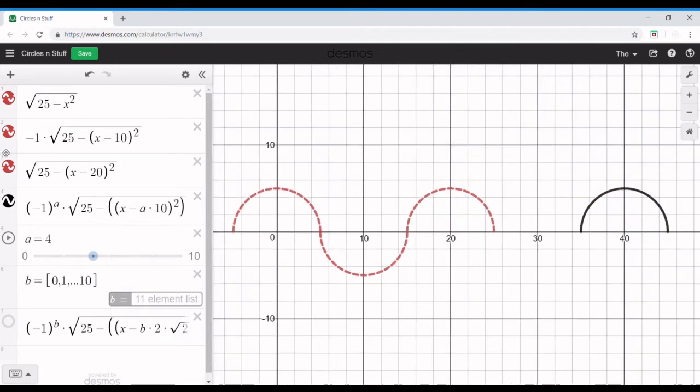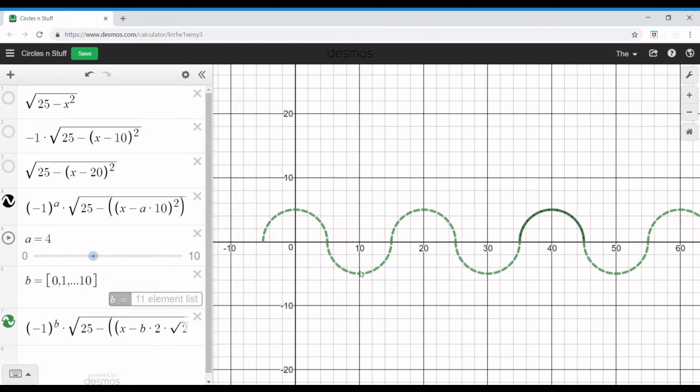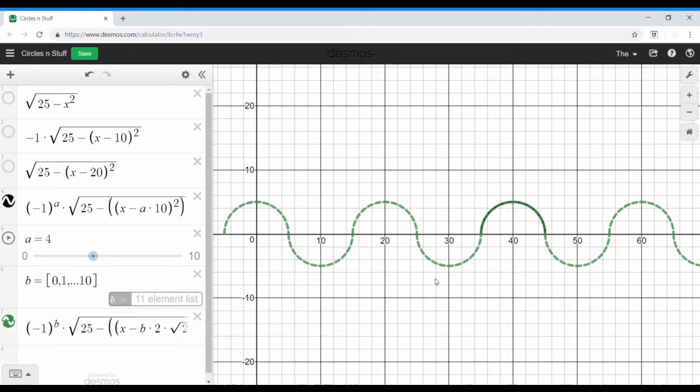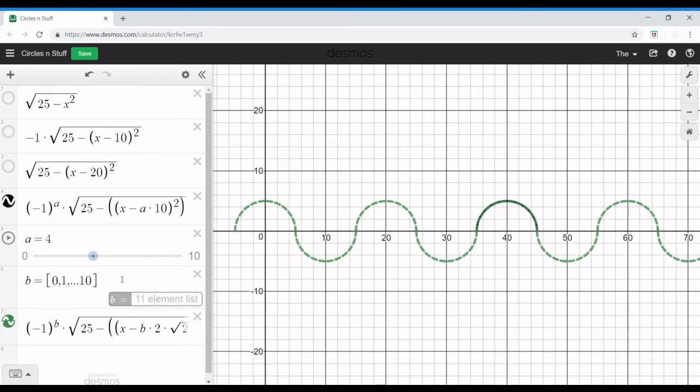And when we do that, let's go ahead and get rid of these. When we do that, we get this, which appears to be one continuous function. It's really a piecewise defined function that looks like it's continuous because all of these happen to share points.